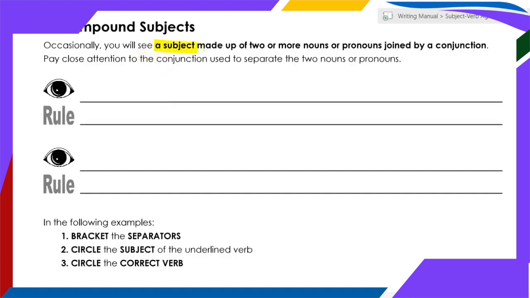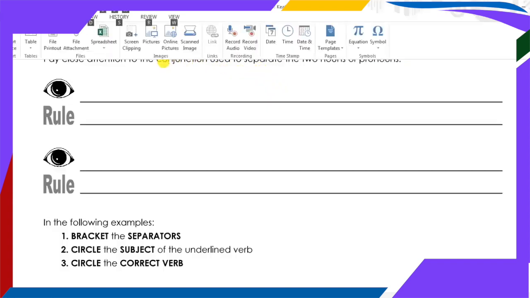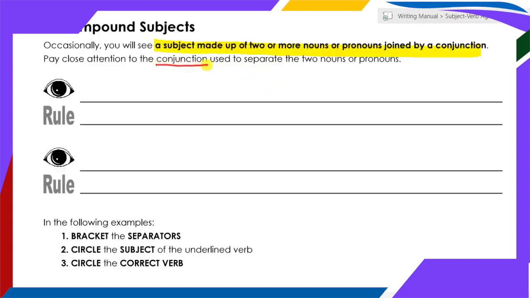The definition is right here. A compound subject is made up of two or more nouns or pronouns joined by a conjunction. The conjunction that joins the subjects is going to be the key to determining whether your subject is singular or plural, and what verb you need.